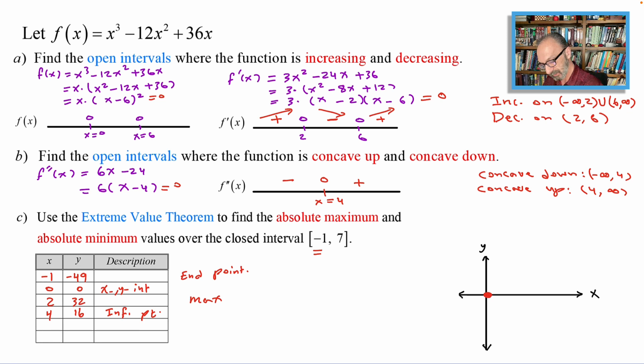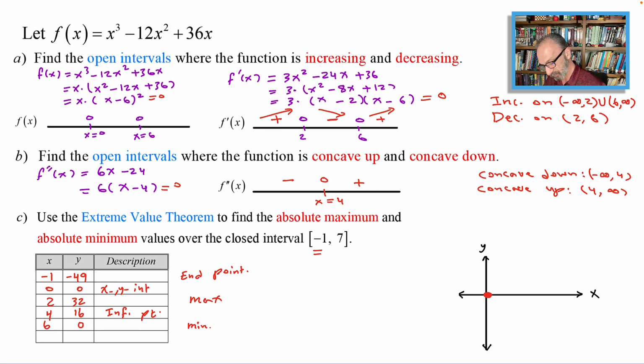Next, I used the number 6. The number 6 tells me from this right here that we have a minimum at 6. So we have a minimum right here when x equals 6. Plugging 6 in the function, I have 0. So we have a minimum at x equals 6.